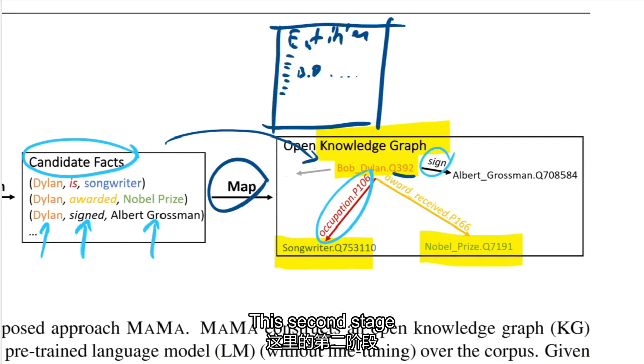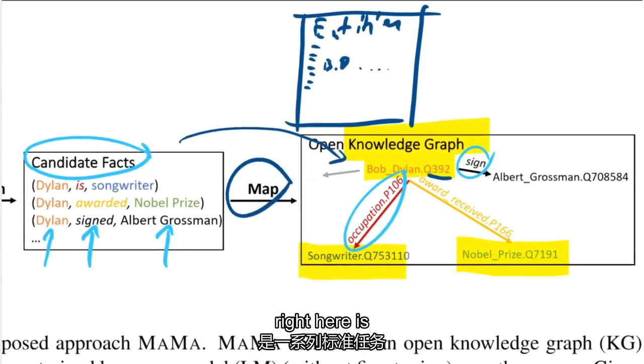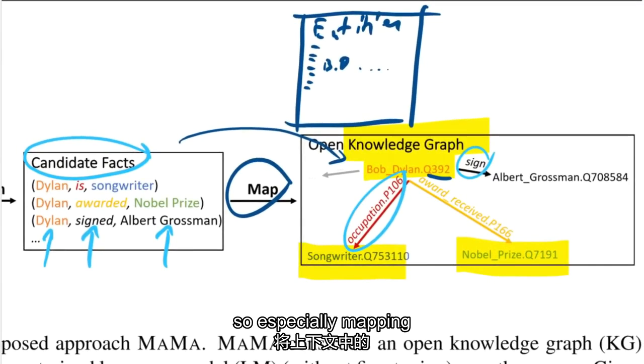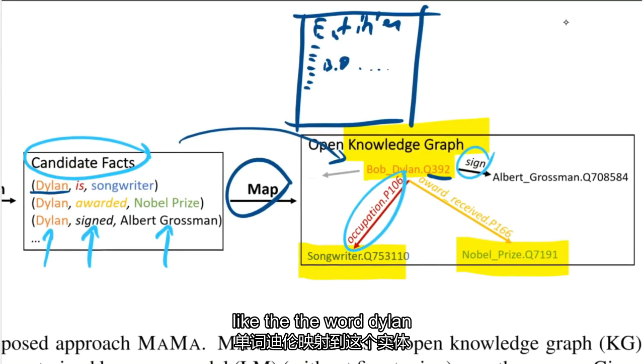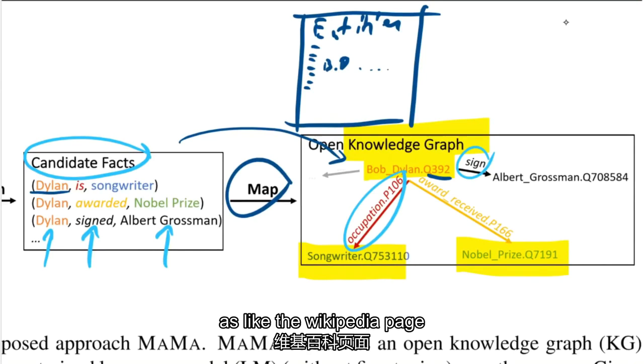This second stage right here is a bunch of standard tasks, especially mapping something like the word Dylan in its context to this entity Bob Dylan, which you can think of as the Wikipedia page of Bob Dylan, right? That's how these systems usually work.